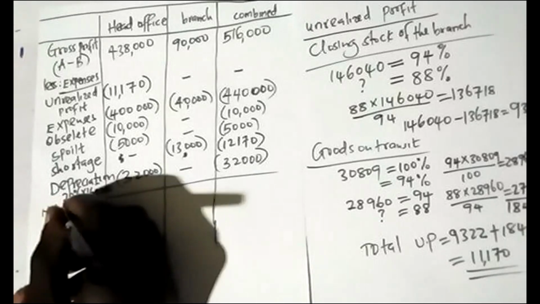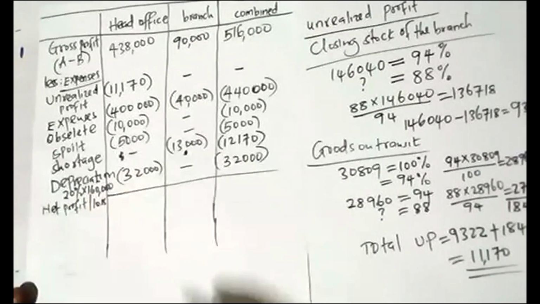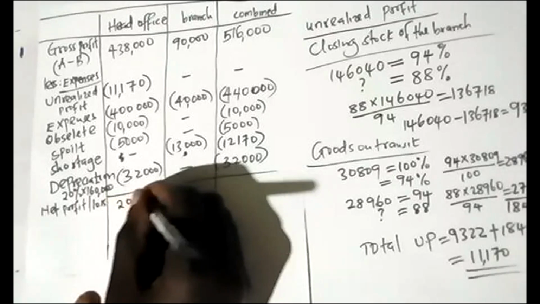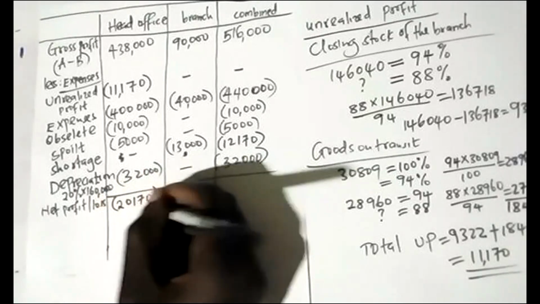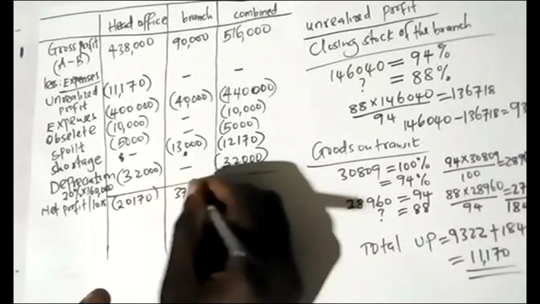So this is net profit or loss. There's a loss of 2,170. For the second, 90 minus 40,000 minus 13,000, there is a profit of 37,000.